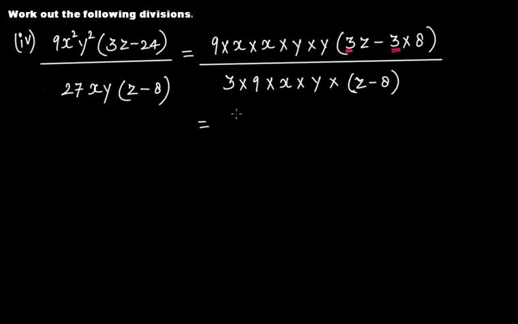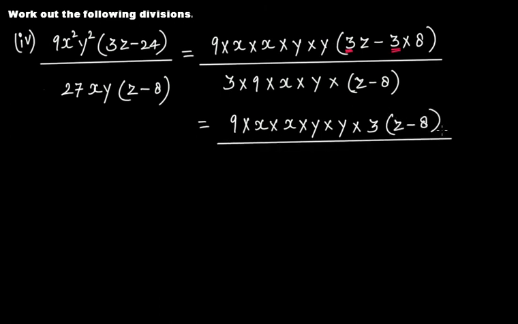So this becomes 9 multiplied by x multiplied by x multiplied by y multiplied by y multiplied by 3 times z minus 8, and then you have 3 multiplied by 9 multiplied by x multiplied by y multiplied by z minus 8.